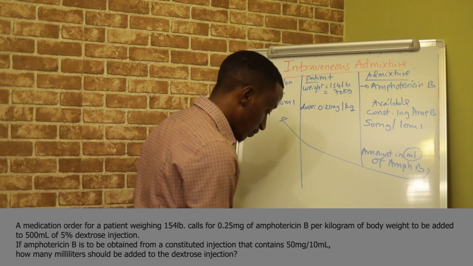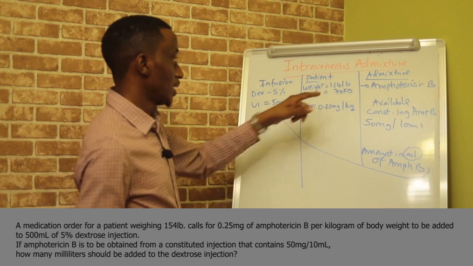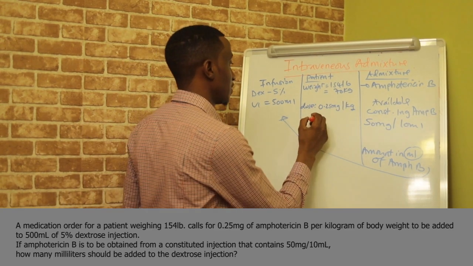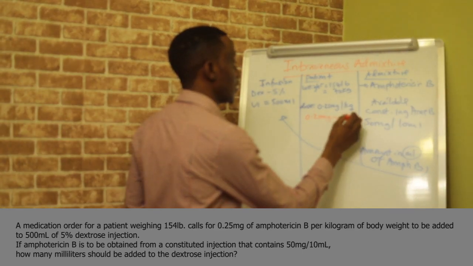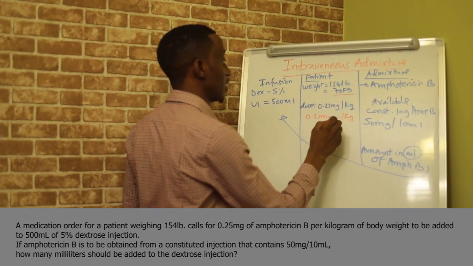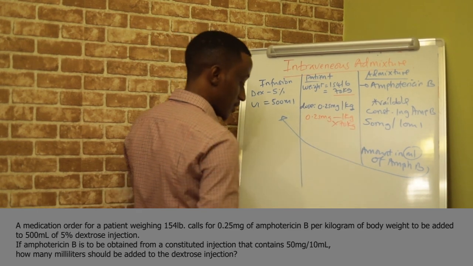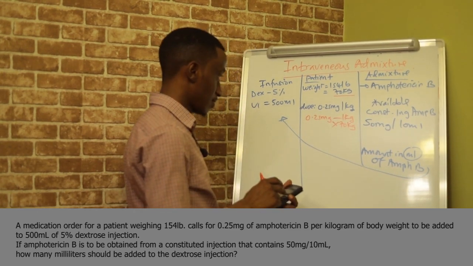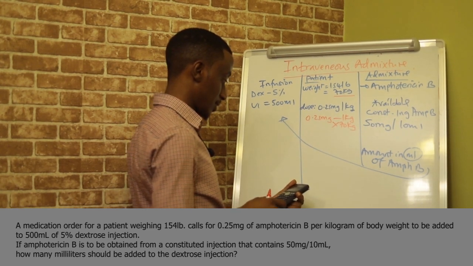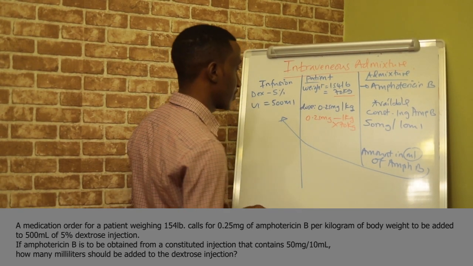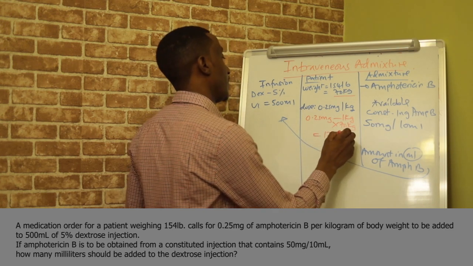First step, you need to know the total amount of drug to be consumed by the patient. Okay, the usual dose for this patient is 0.25 milligrams per kg, but this patient has a total of 70 kilograms. If we multiply 70 by 0.25, that is 17.5 milligrams.